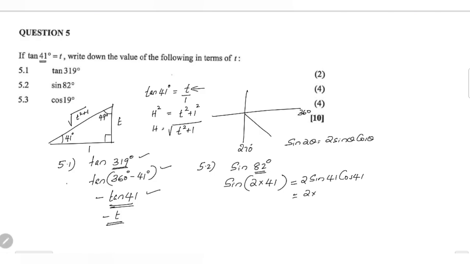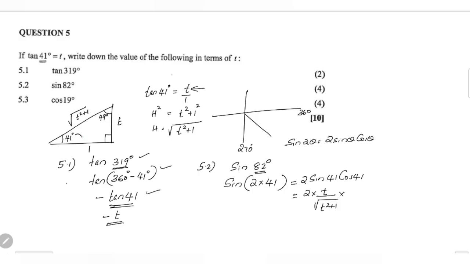That is 2 times, what is sine 41? Sine 41, what is it by definition? Opposite over hypotenuse, isn't it? So opposite is t over hypotenuse is square root of t square plus 1. Just replace it. Then times cos 41. What is cos 41? Go to the diagram, apply cos 41.